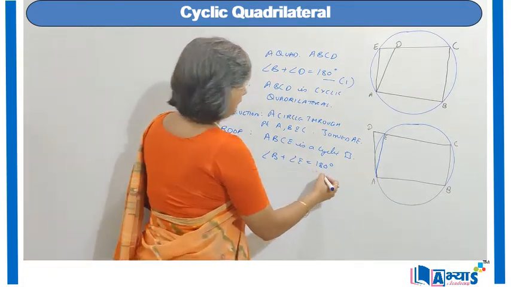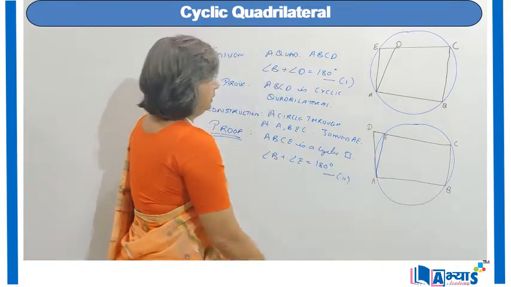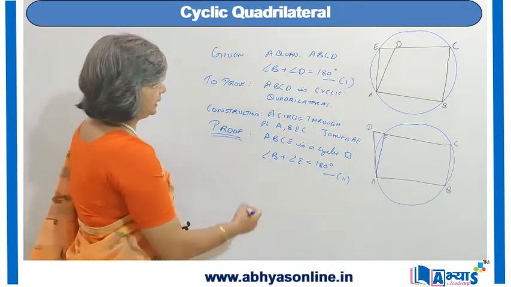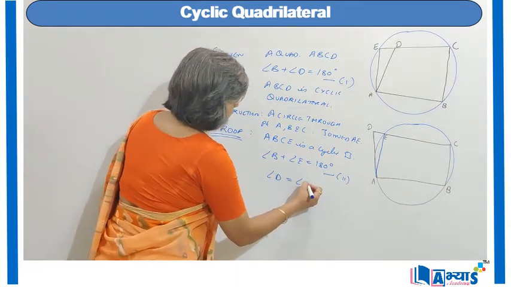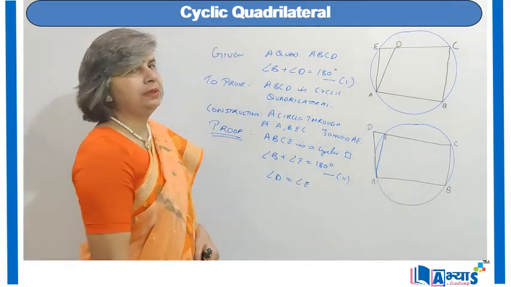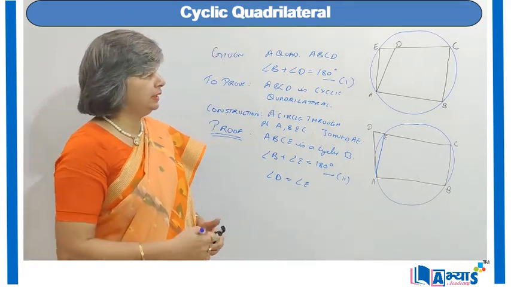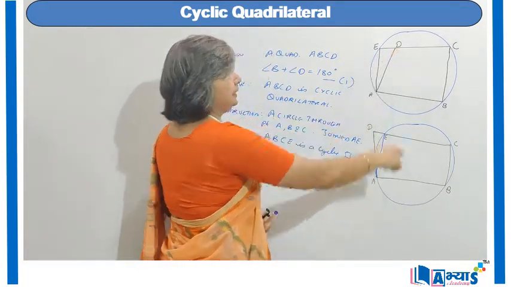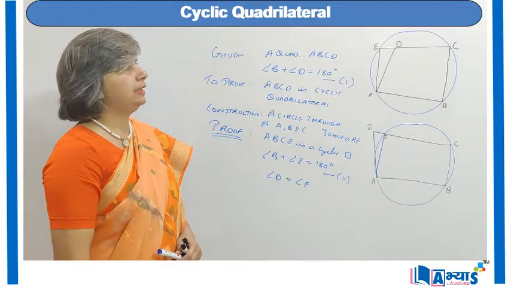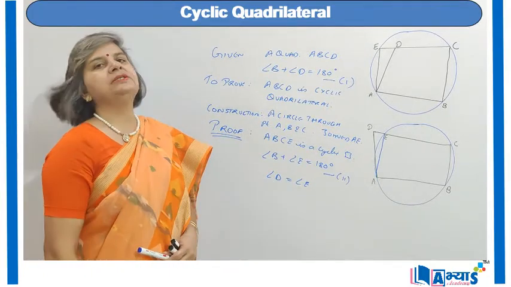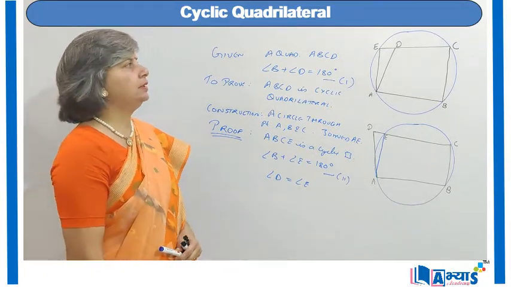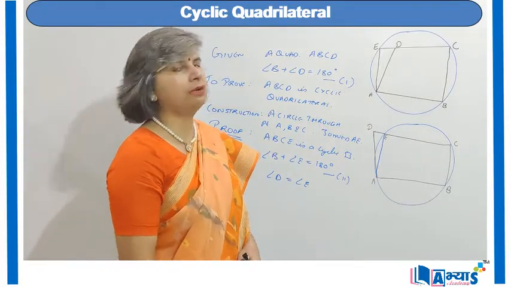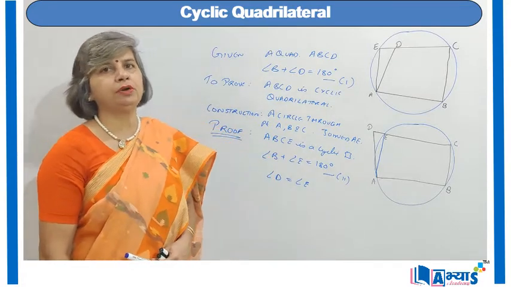Now we have seen that angle B plus E is 180 degrees. From both the equations we can say that angle D is equal to angle E. But this is not possible, because in the first case angle D is the exterior angle of the triangle ADE, and we know that the exterior angle is greater than the interior opposite angle, because the exterior angle in a triangle is equal to the sum of the interior opposite angles.